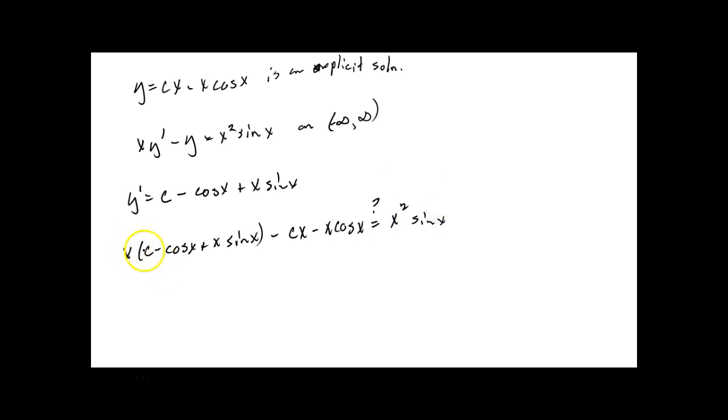Well, let's see. x times c would be cx minus x cosine x plus x squared sine x, minus cx minus x cosine x. Is that equal to x squared sine x? Well, here's a cx and a minus cx.